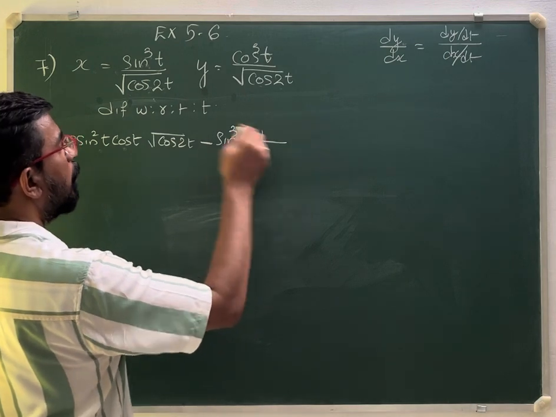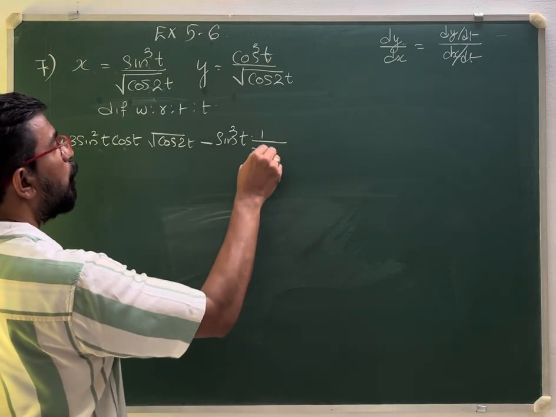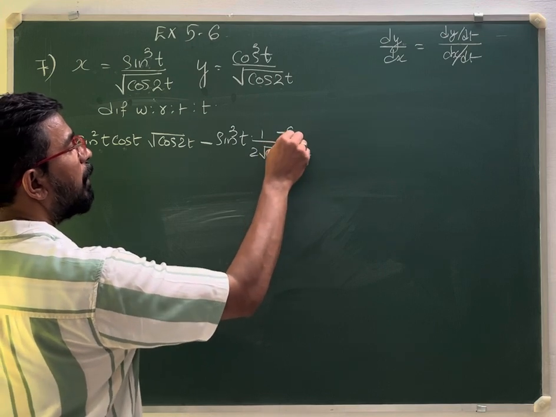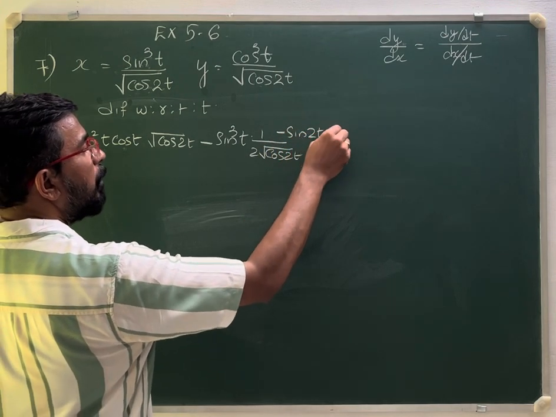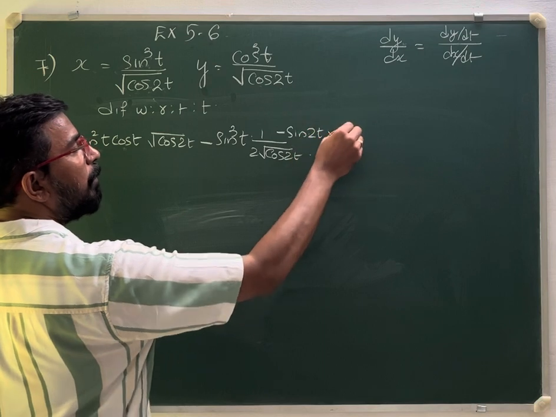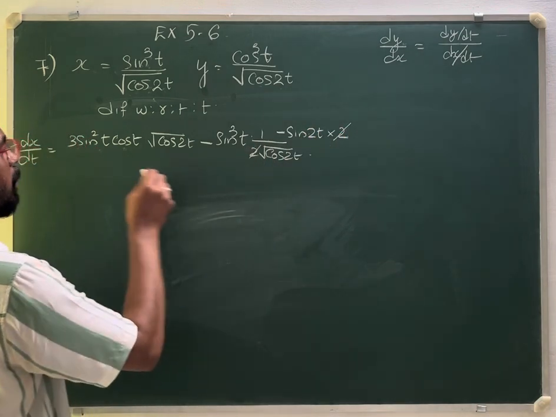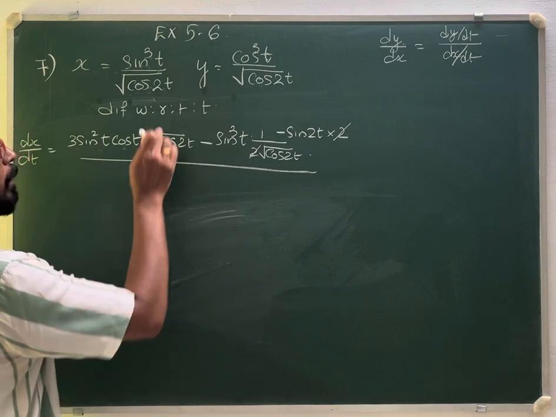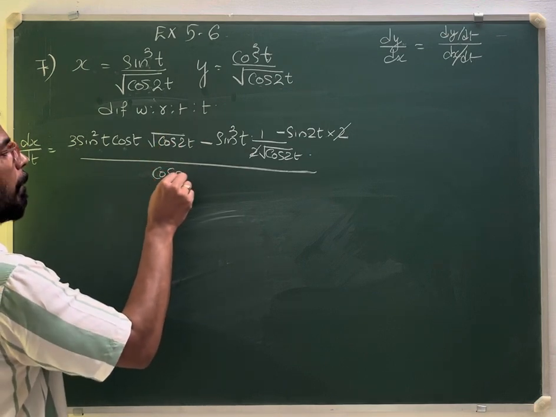Root is the outer function, 1 by 2 root cos 2t, and cos 2t derivative is minus sin 2t into 2, this 2 and this 2 cancel. Divided by root cos 2t the whole square, that will become cos 2t.